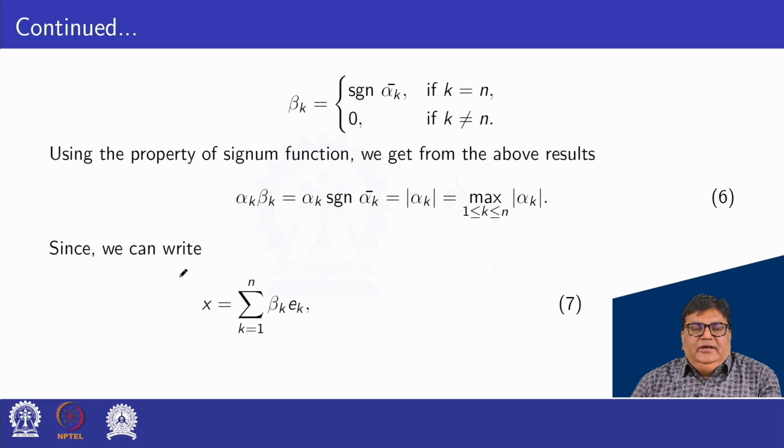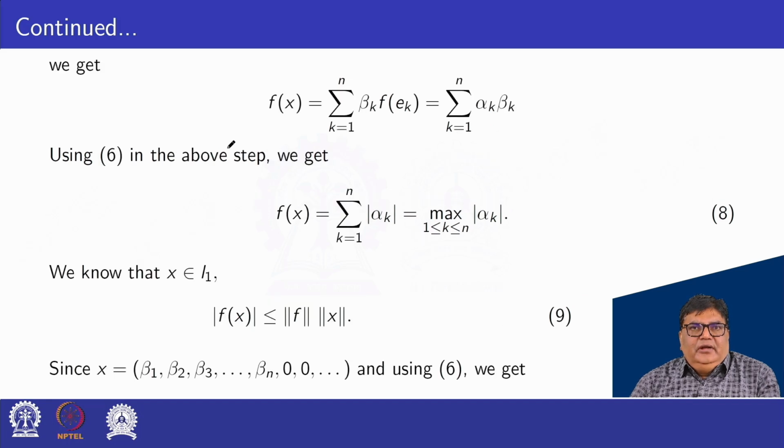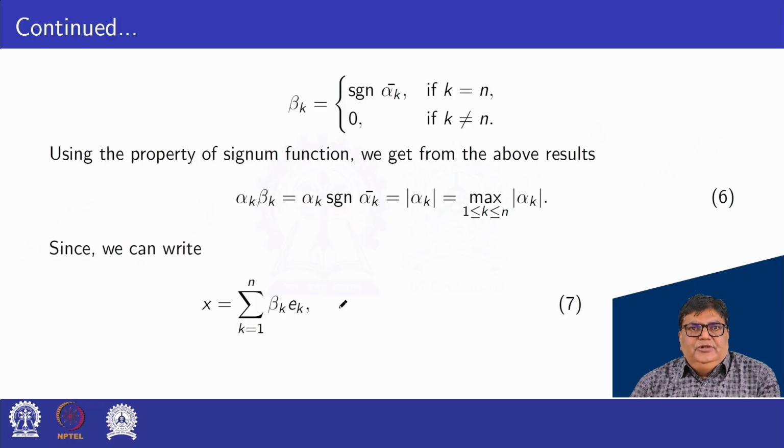Since we can write x equal to summation k is equal to 1 to n beta k ek, equation 7, we get f of x equal to summation k is equal to 1 to n beta k f of ek.